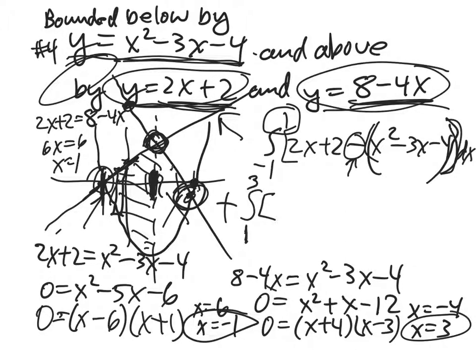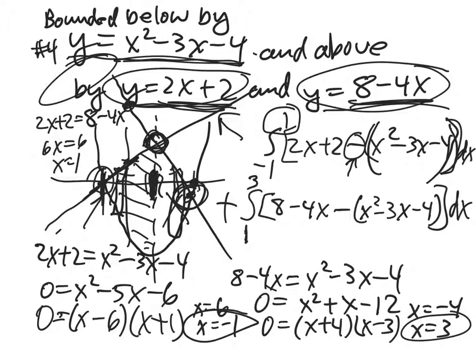And then as before, it's going to be the line on top and the parabola on the bottom. So 8 minus 4x minus, once again, our parabola. And then from there, just lots and lots of steps.